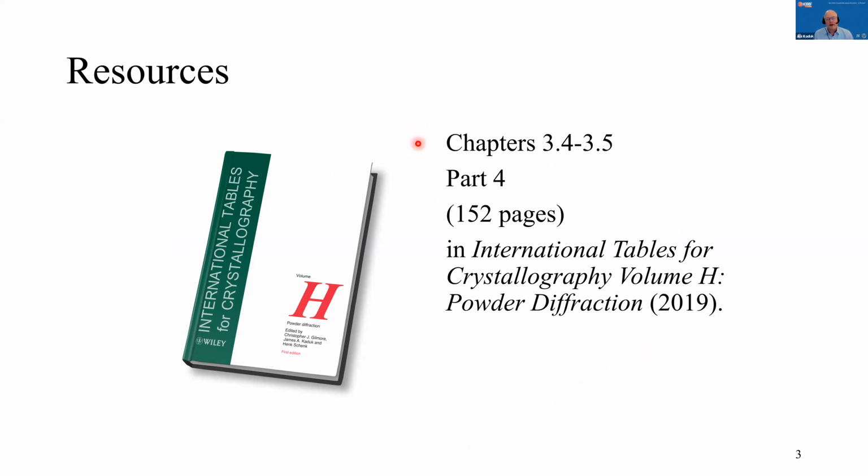We have a chapter on indexing and on structure factor extraction, and all of part 4 of this volume is basically about solving structures from powder data. So it's a good place to start on its own, and it has lots of references to previous literature and examples of this kind of stuff.